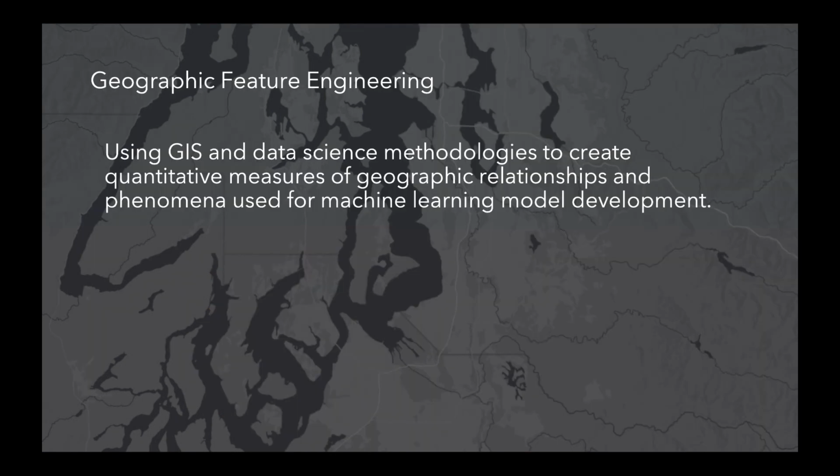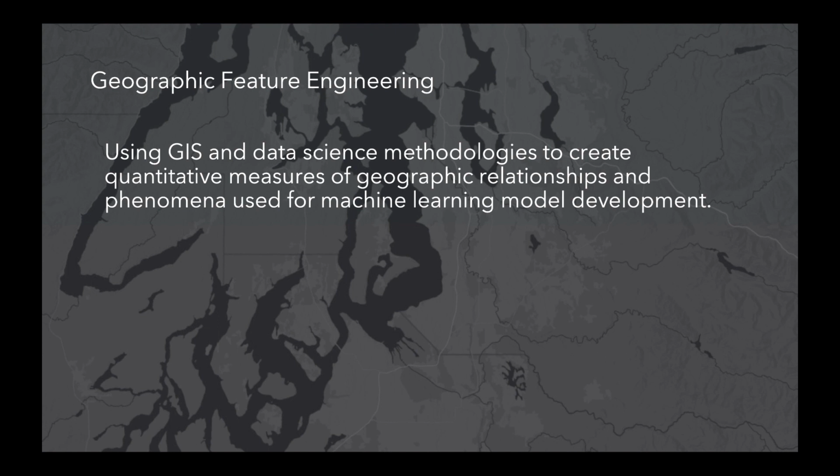So based on that, what you've seen here is a couple of different examples of geographic feature engineering. Before that, we even investigated the idea of what really is even a feature. One of the most useful things about this is, by combining geographic and artificial intelligence, we pull together to perform geographic feature engineering for machine learning, where we use GIS along with data science, and this allows us to create quantitative measures of geographic relationships for machine learning model development.